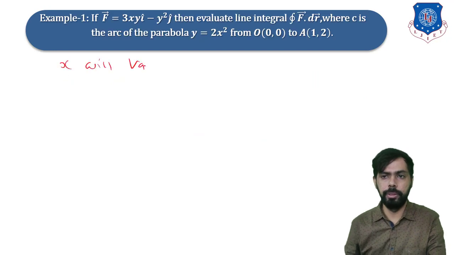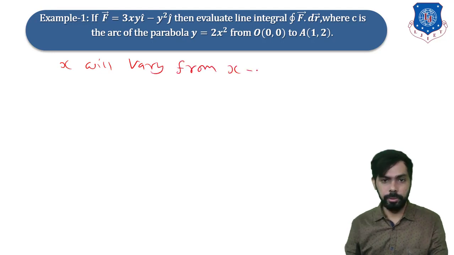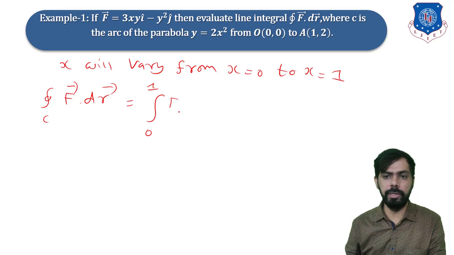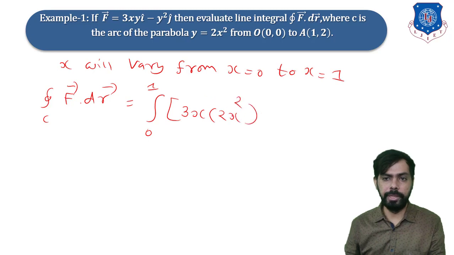The line integral of F dot dr will be the integral from 0 to 1. The first term is 3xy and y is 2x square, so instead of y we will write 2x square, then dx, then minus y square.